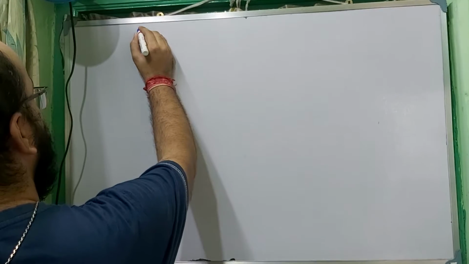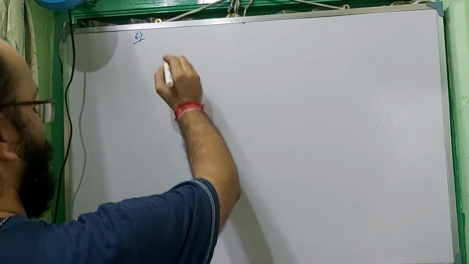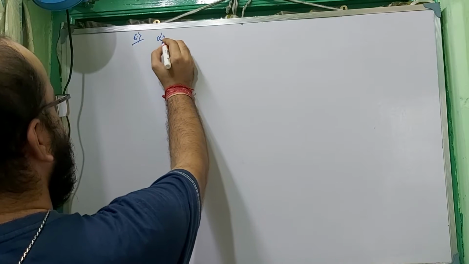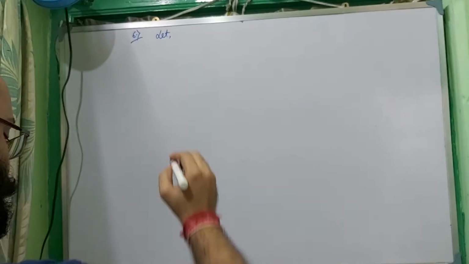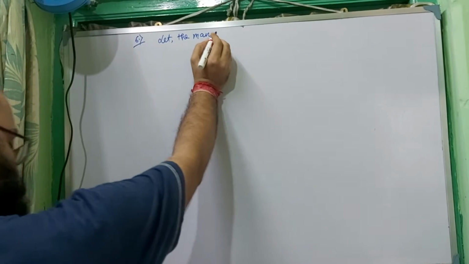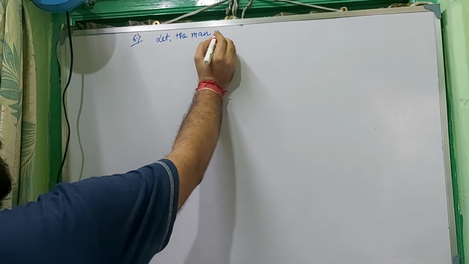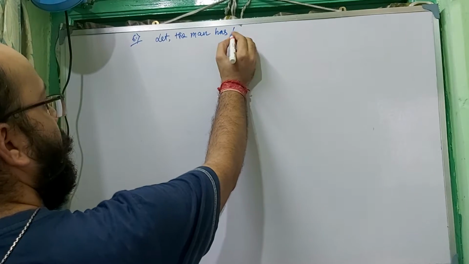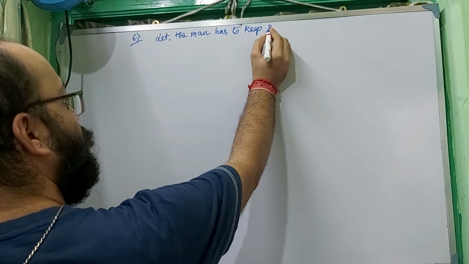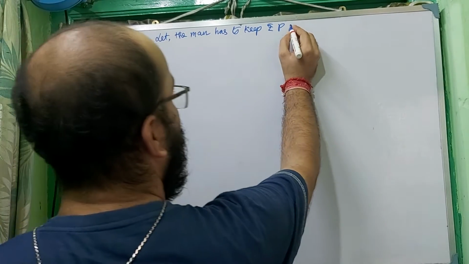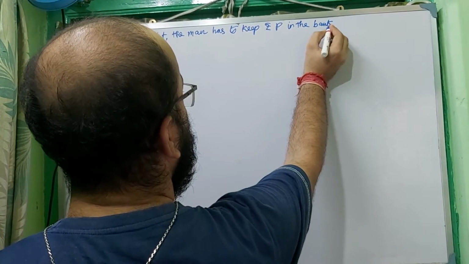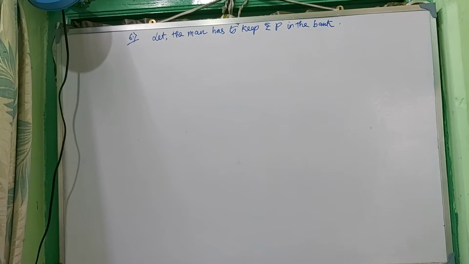So first of all, sum number 6 was the homework. I'm doing it. We don't know the amount P, so we have to consider P. Let the man have to keep rupees P in the bank.